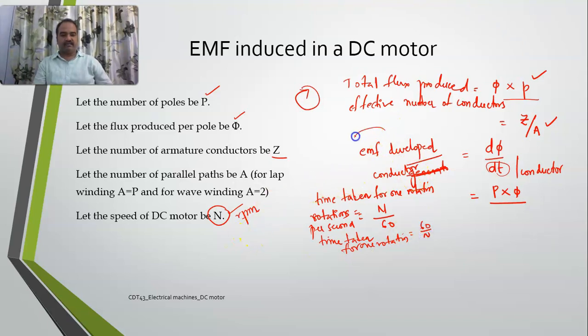So now what is the EMF which is developed now? This is the total flux P into phi, and the time taken for one rotation is 60 by N. This is for each conductor. Now totally how many conductors are there?